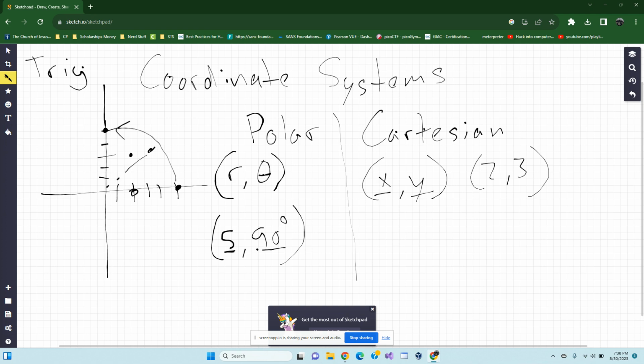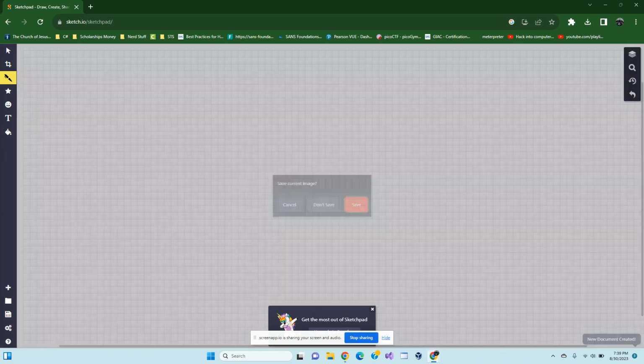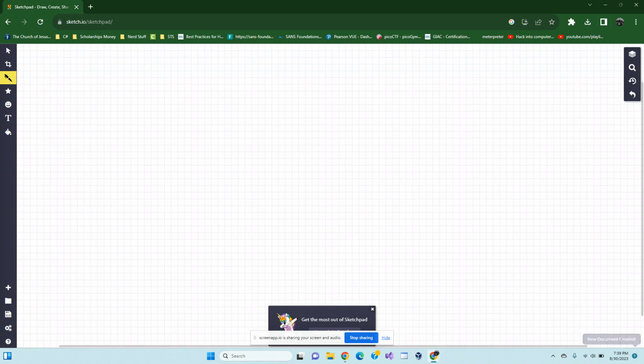And remember, the angle always starts here. So it's just a different way of plotting points. And we're going to go over how to convert from Cartesian to polar and polar to Cartesian. So let's get a grid here.